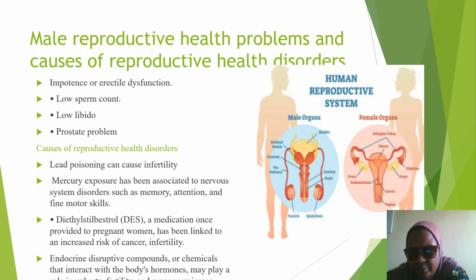Then we have the uterus, which is called the womb. We have the ovaries, you can see the way they are hung there. They are the ones being released every month. And then we have the cervix, we have the endometrium, the vagina, and then all these are the parts of a female reproductive system.